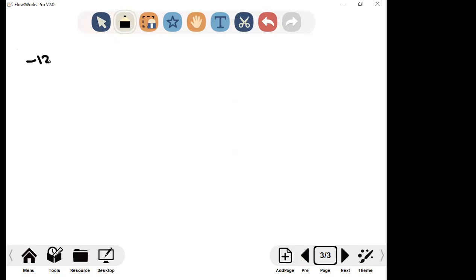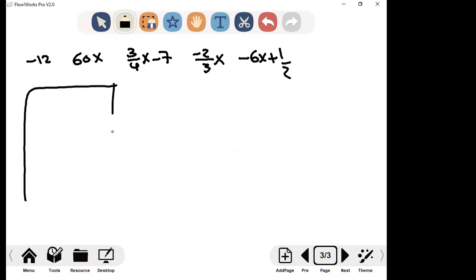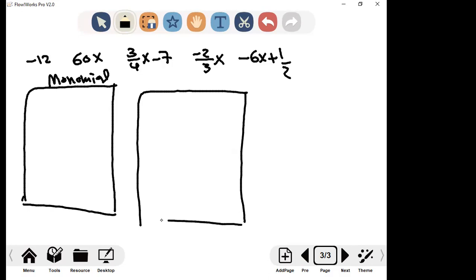We have negative 12, 60x, 3 over 4x minus 7, negative 2 over 3x, negative 6x plus half. Two boxes: monomials here, not monomials there. Let's classify them.